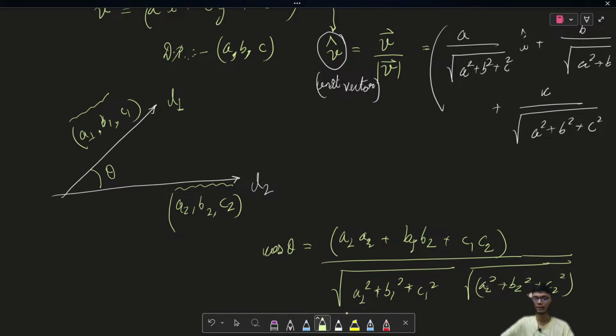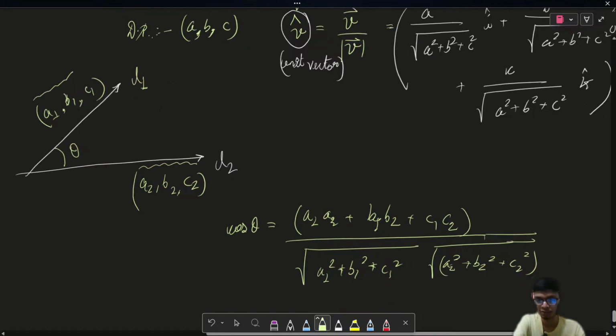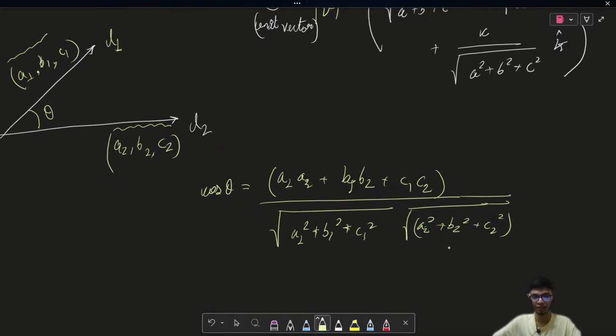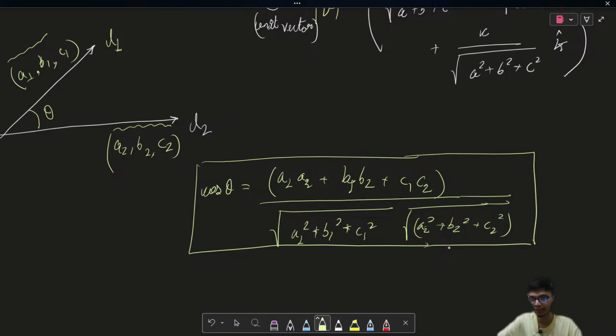This gives me the result for the angle between two lines whose direction ratios are given. So if I know the direction ratios of the two lines, I can easily find the angle between them. I hope this is clear to all of you. Is this part clear?